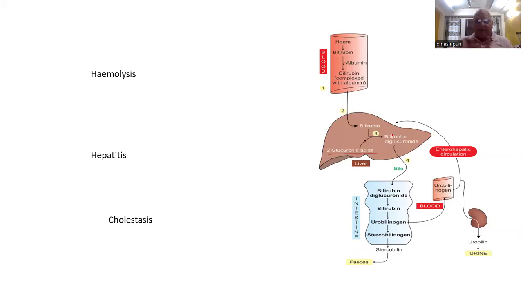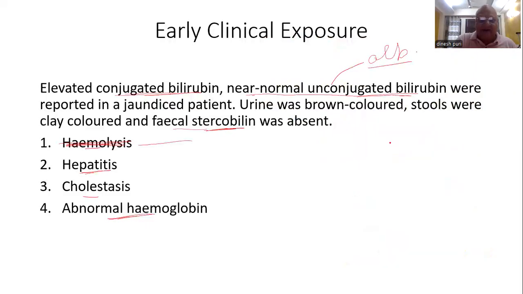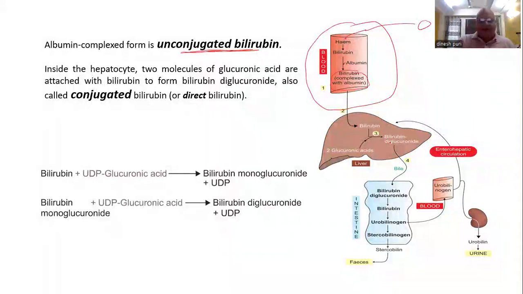So I am now repeating it. Unconjugated was the bilirubin albumin complex. Conjugated means after it has been conjugated with glucuronic acid. I'm taking a bit of time to clarify this concept.